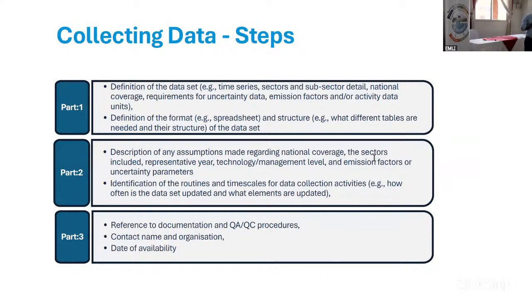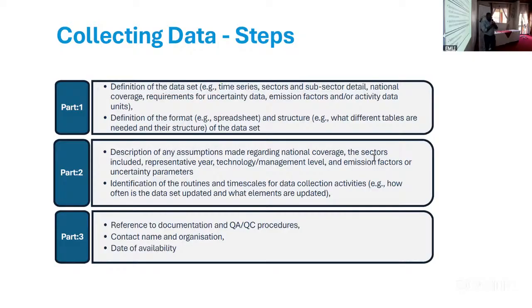I don't think I need to mention this table because it is part of what Mr. Simon presented earlier. But the most important thing is, as you start to look for data, first of all, you have to define what time series you're looking at, what sectors you have, whether the data is available, and what level you're interested in. Then you also define the format.